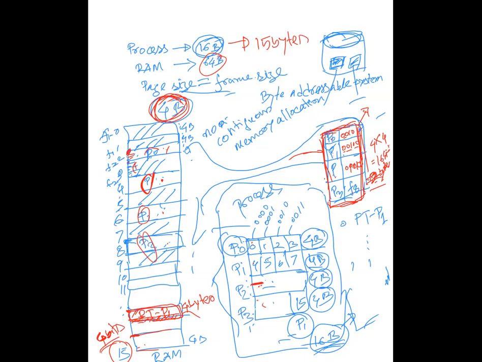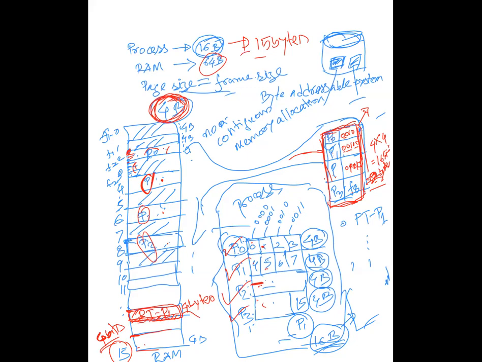Every page size and frame size is 4 bytes. P0 is 4 bytes, P1 is also 4 bytes, P2 is 4 bytes. So total 12 bytes, but your process is 15 bytes. So P3 will be 3 bytes if you consider the 15 byte process.